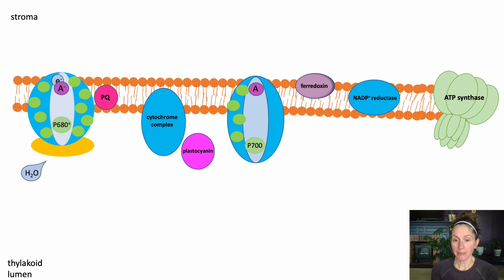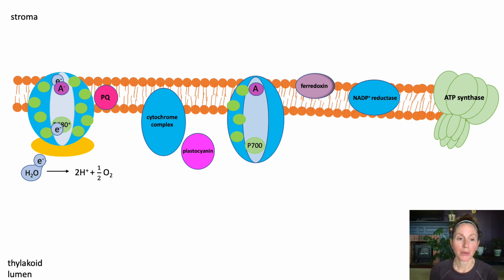At the same time, P680 plus is going to be so electronegative that it can actually split a water molecule. So it's going to rip its electrons right from the water molecule, shown here, and it's going to give you 2 hydrogen ions and, again, half an O2 molecule, i.e. just an oxygen.